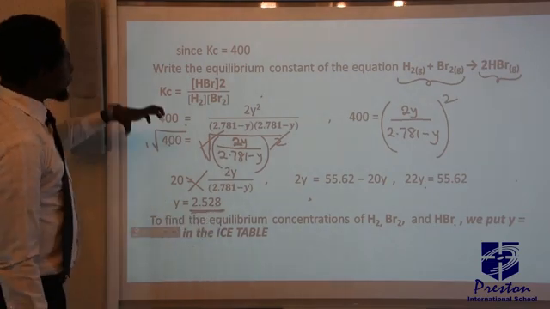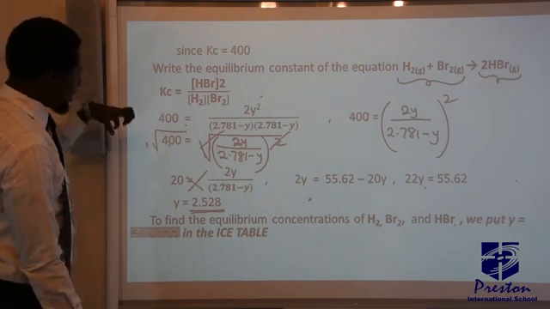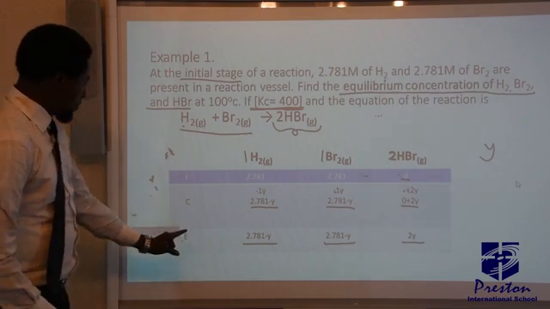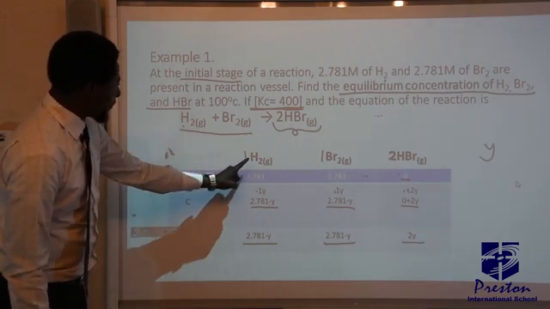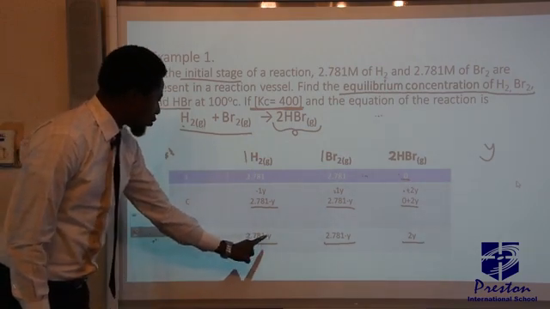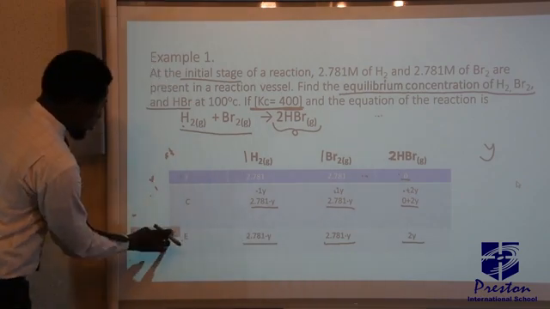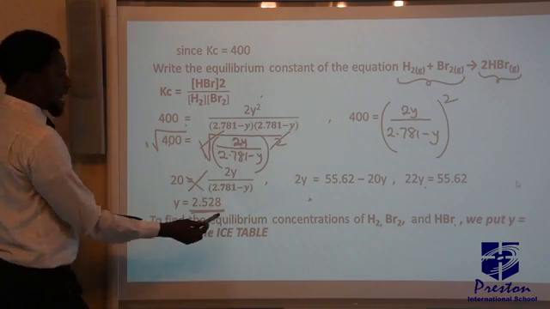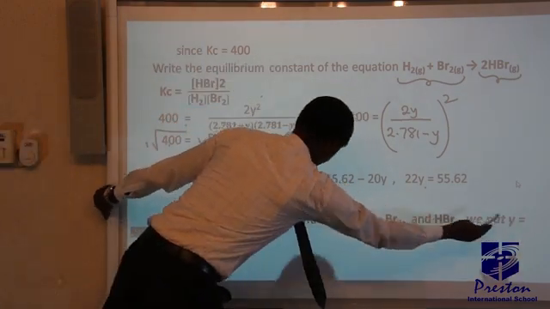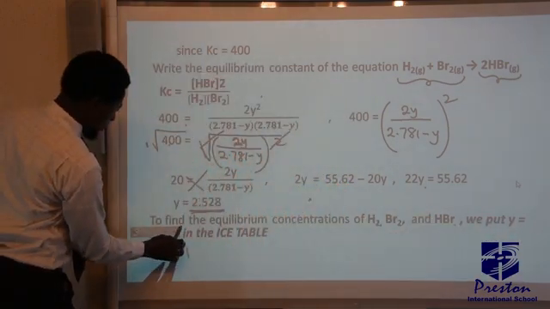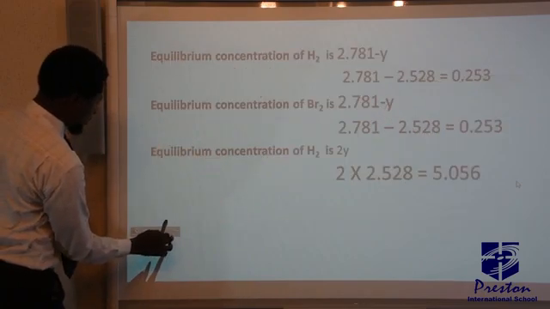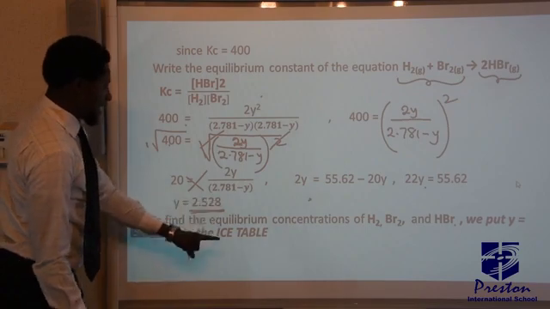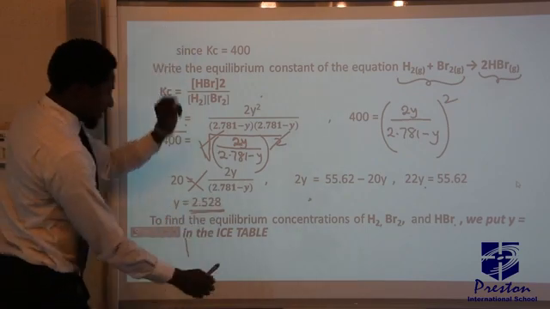Now, to find the equilibrium concentration of H2, you go back to your ICE table. Since the equilibrium concentration of H2 is 2.781 minus y, and you have gotten your y to be equal to 2.528, you put y equals 2.528 in that equation you have in the ICE table.